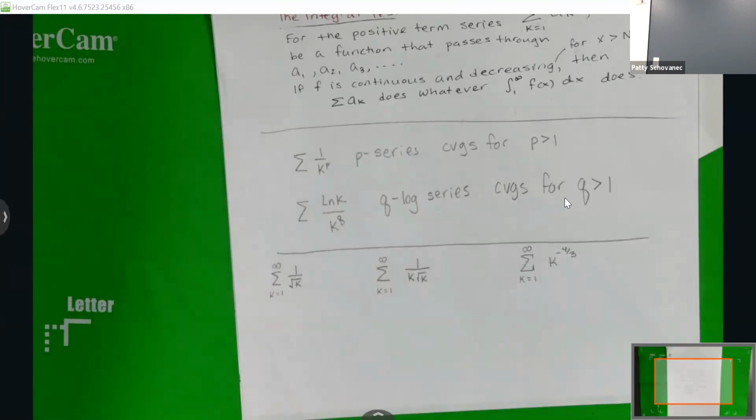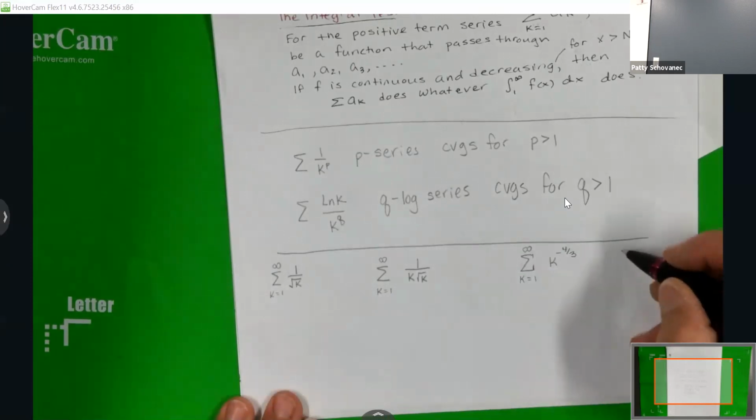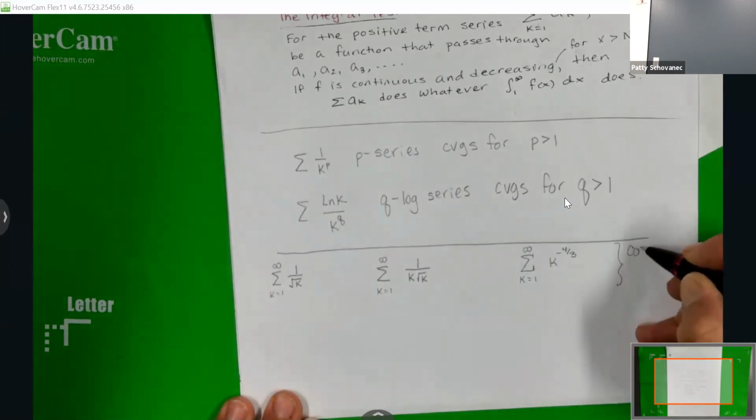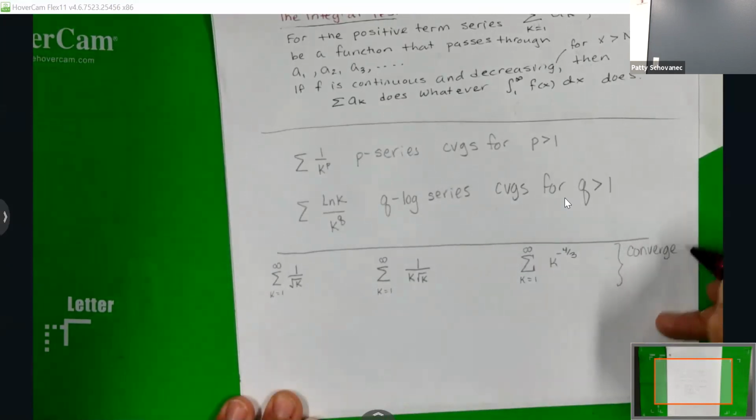My question to you is, for each of these, decide, do they converge or diverge? One over the square root of k, 1 over k times the square root of k, 1 over k to the negative 4/3. For all of these, converge or diverge?